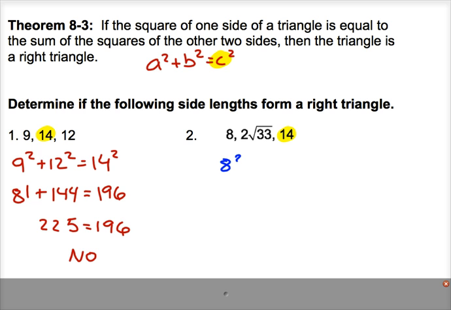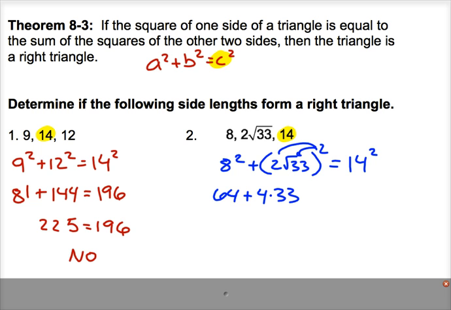So 8 squared plus 2 square roots of 33 squared, and checking to see if it equals 14 squared. Well, 8 squared I know is 64. If I distribute, I get 2 squared is 4. The square root of 33 squared is going to be 33.